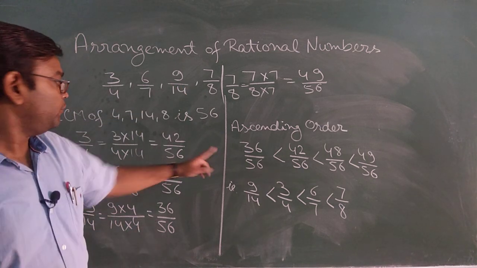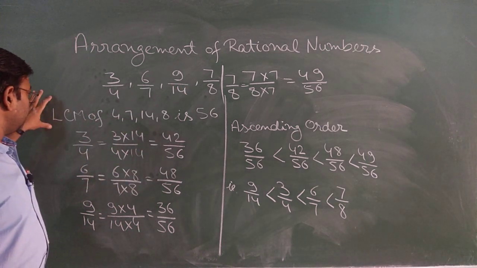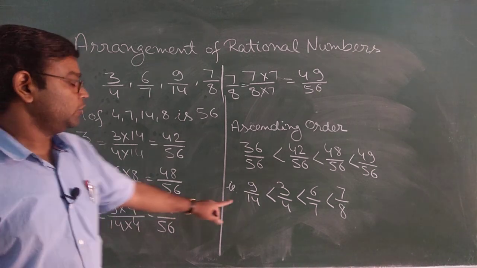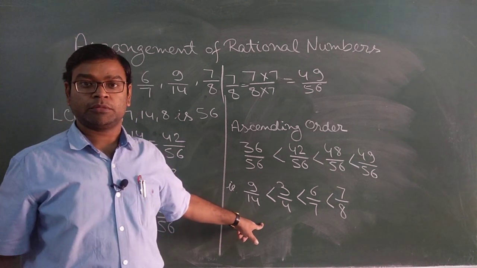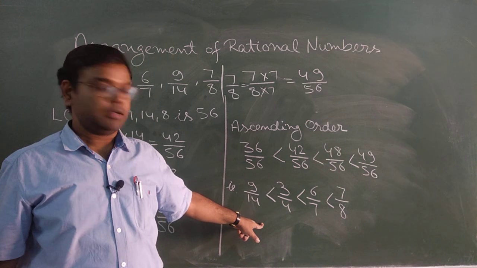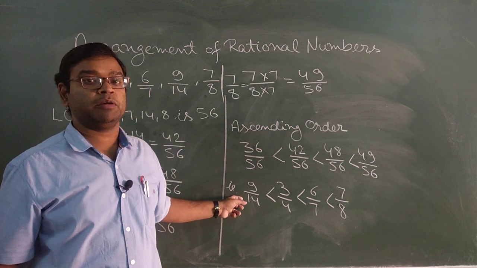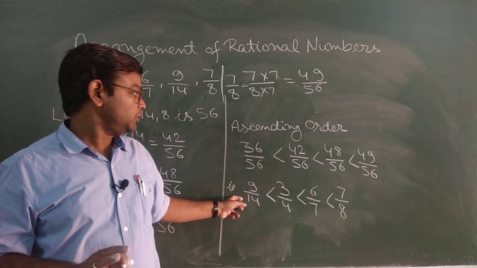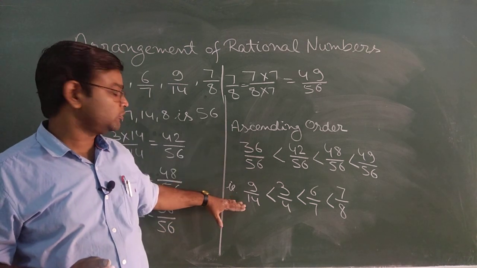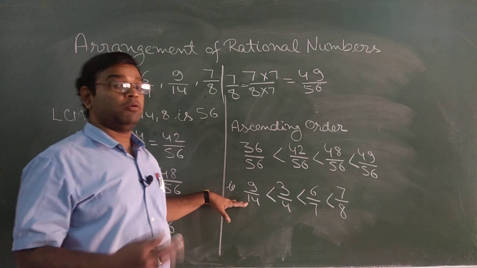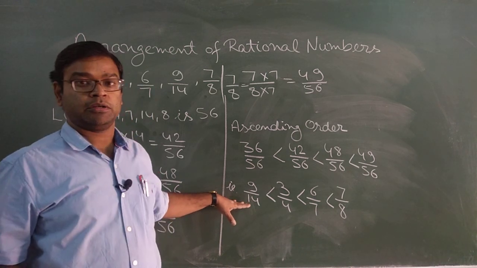Remember, if you are unable to write any step, your marks will be deducted from your solution. If you are unable to write this one, half to 1 mark will be reduced. If you are unable to write this part, 2 or more than 2 marks are easily reduced. Clear?